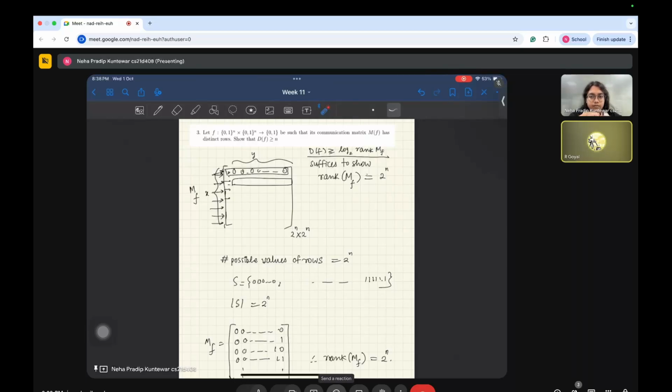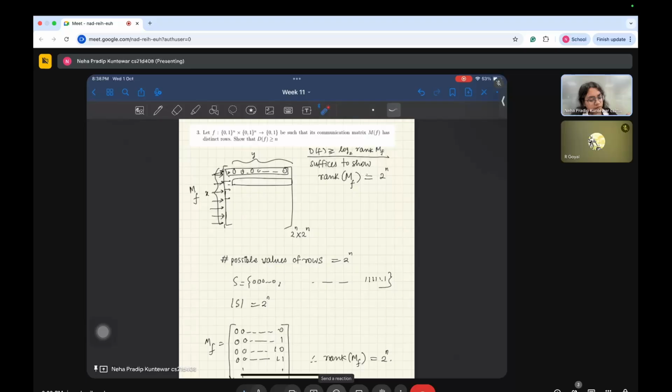If we can find the minimum length of the string which can describe a matrix, that would give us the complexity of this matrix, which has 2 raised to the power n rows and 2 raised to the power n columns. Probably that would be the representation of the complexity of this matrix.